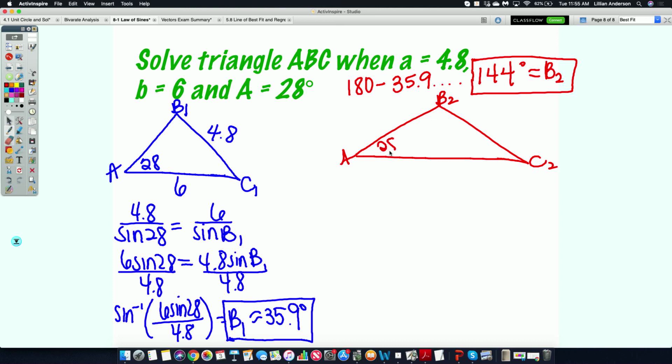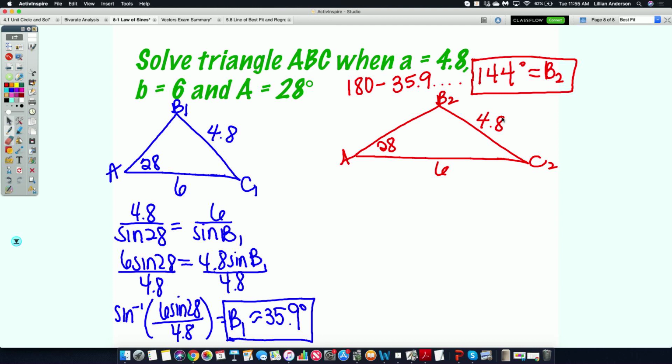A is still 28. That hasn't changed. A to C is still 6. And B to C is still 4.8. The original three pieces of information do not change.